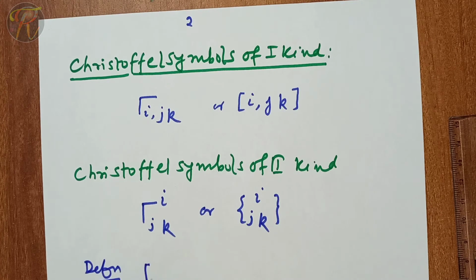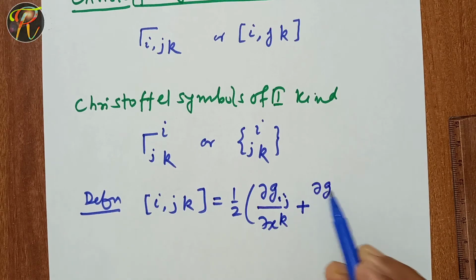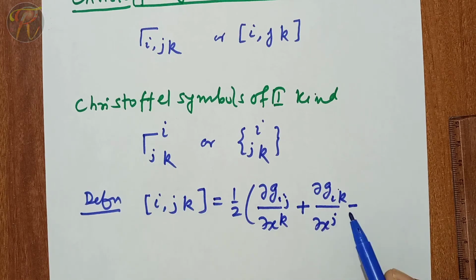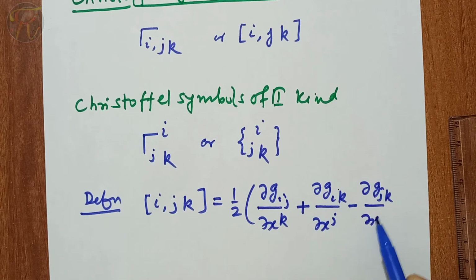The first kind is denoted by [ij,k], and this is equal to 1/2 of (del g_ij upon del x^k plus del g_ik upon del x^j minus del g_jk upon del x^i).